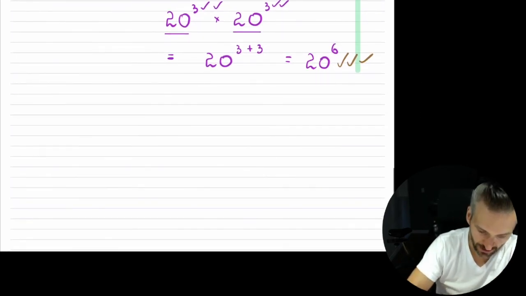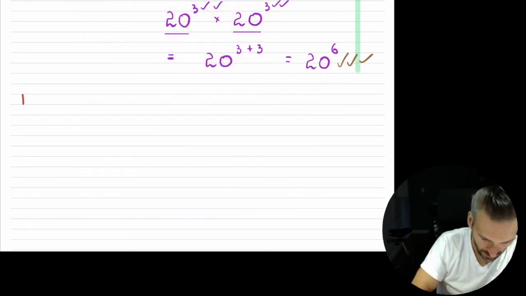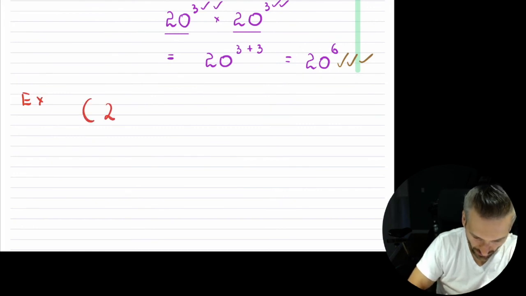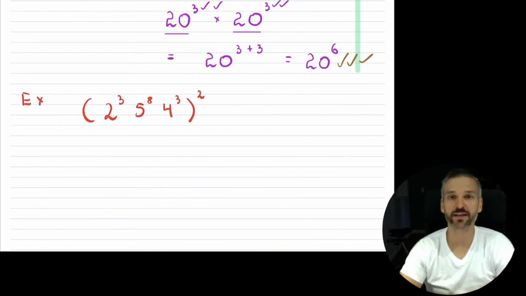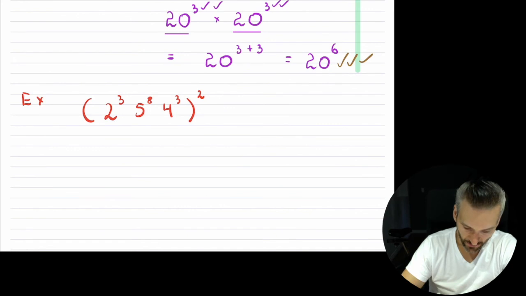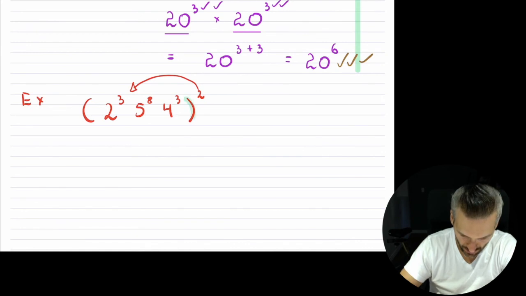And this works for anything. So for example, this is just a side example. If I have 2 to the 3, multiplied by, let's say, 5 to the 8, and then multiplied by 4 to the 3 again, and let's say I have a 2 outside. What this means is that whenever we have these brackets like this, and we apply an exponent on the whole bracket, then we are just going to be distributing through every single exponent.